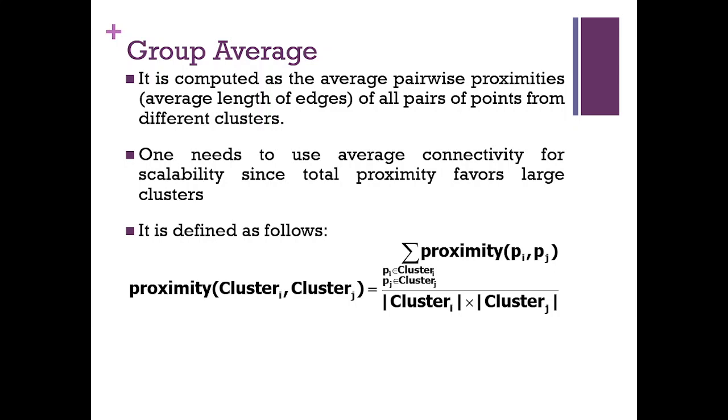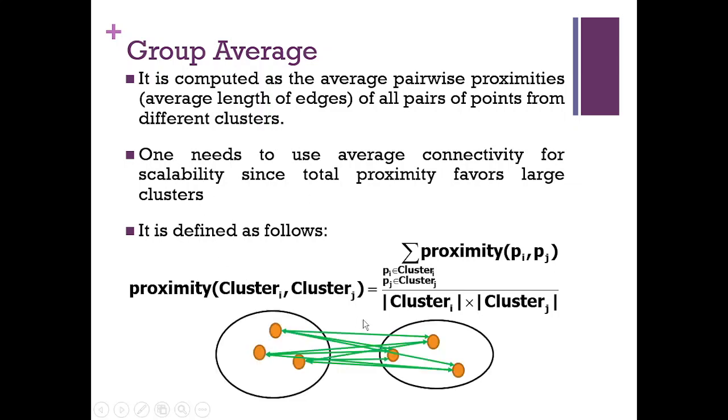The proximity between cluster I and cluster J is the summation of proximity of all the points in cluster I to all the points in cluster J, divided by the number of points in cluster I times the number of points in cluster J. So basically I'm going to find the average of all the pairwise distances between the points in this cluster and that cluster, divided by the number of points in this cluster, which is 3, times the number of points in the other cluster, which is again 3.